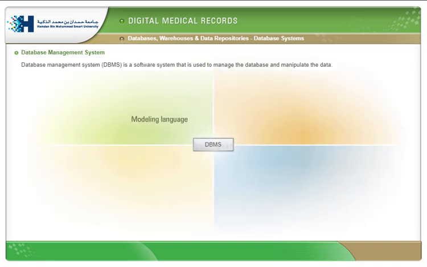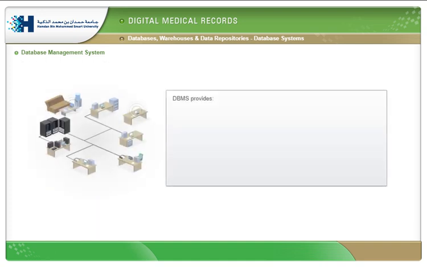DBMS includes a modeling language, data structures, a database query language, and a transactional mechanism. It provides mechanisms for creating a database, managing storage of database files on physical storage media, managing security of database.